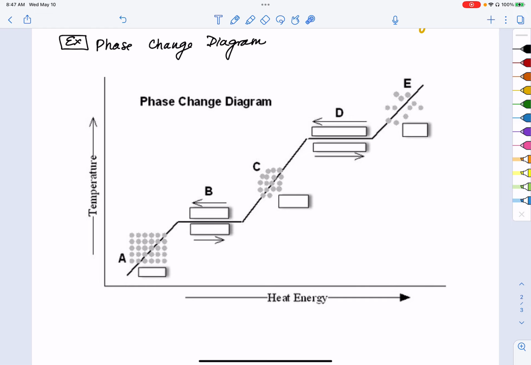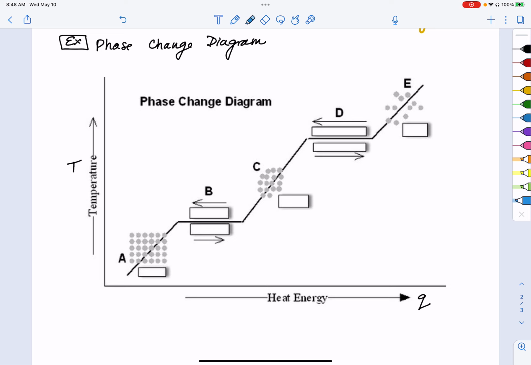So here on our y-axis, we've got a temperature axis. And on the x-axis, this is the amount of heat. So we have increasing heat Q and increasing temperature T on our x and y axes respectively. So let's see here.